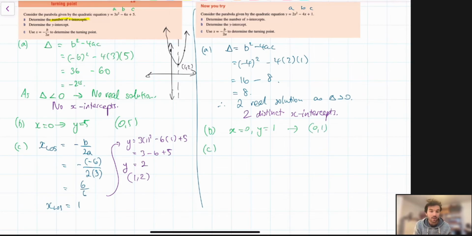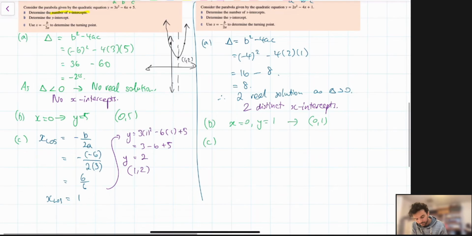C. Determine the line of symmetry. A little bit boring. It seems like it's the same answer. Got the line of symmetry of 1. Now we want to find that turning point.